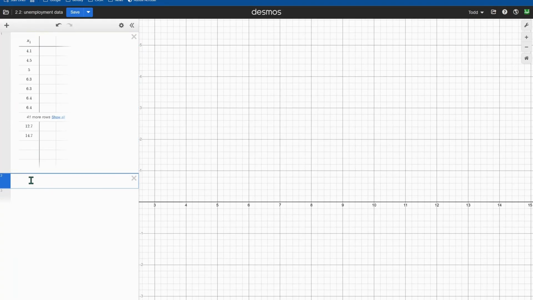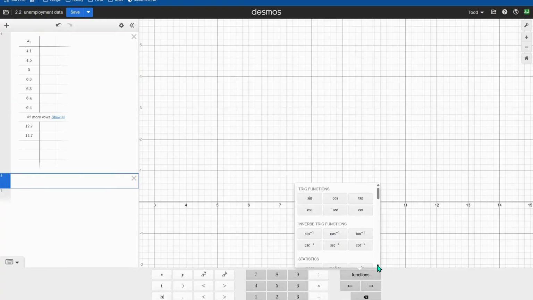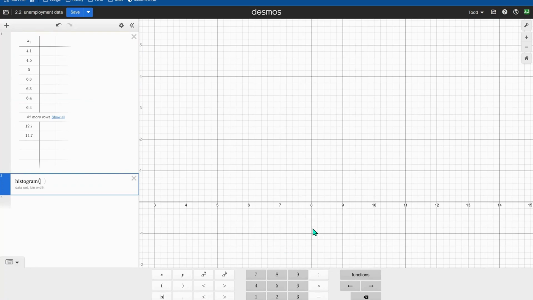Okay, let's take a look at these plots and see if we can assess the normality. To make a histogram in Desmos, we'll go to functions and go down the list until we see visualizations and hit histogram. It asks, what's the data set?